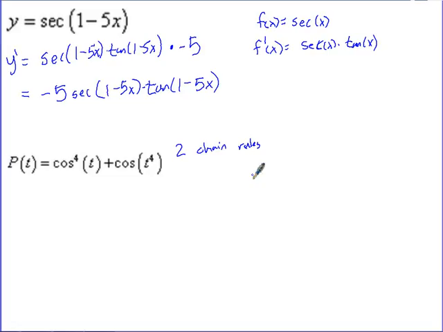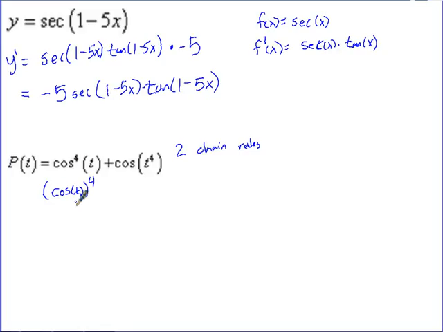Can I rewrite this to make it more simple in my mind? Because remember, what did I tell you at the beginning? It's cosine of t to the fourth power, technically, right? You got to think of it that way.